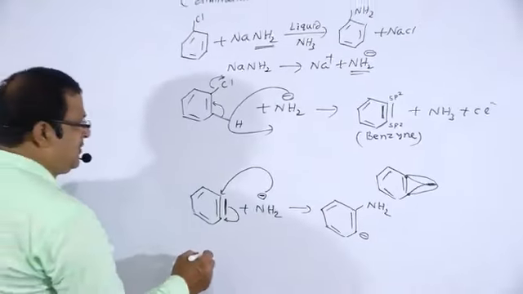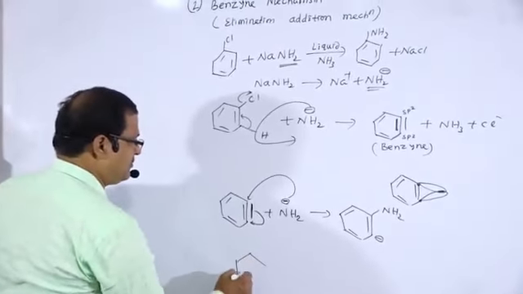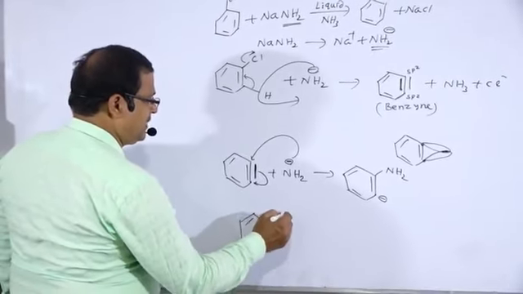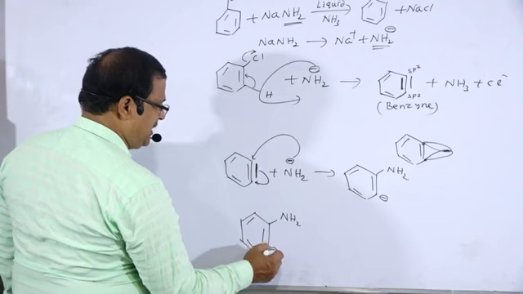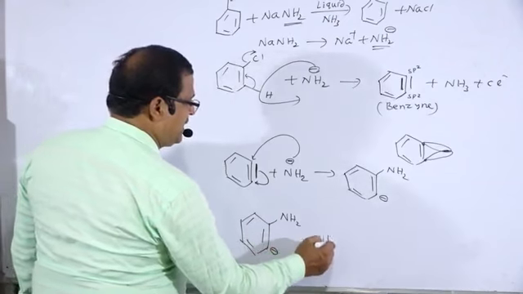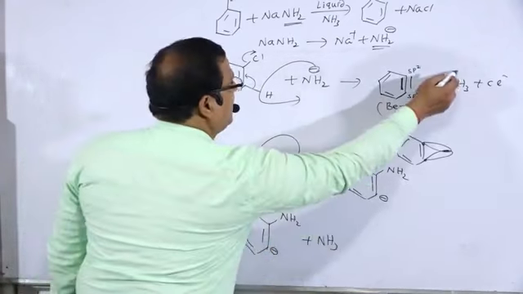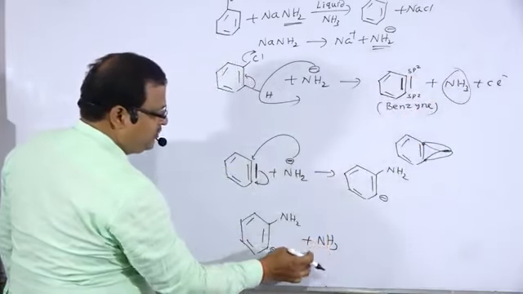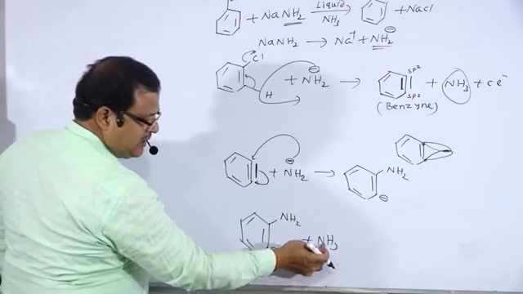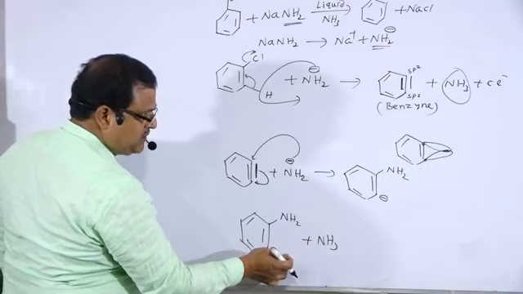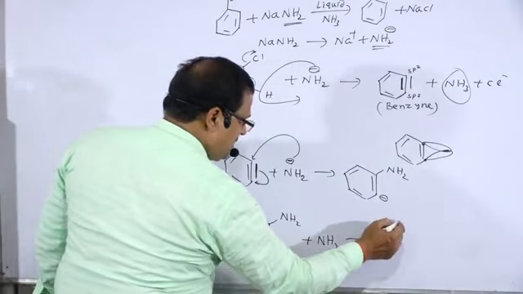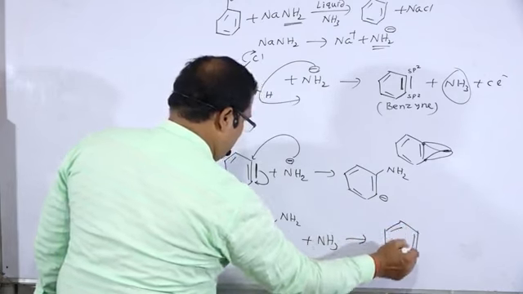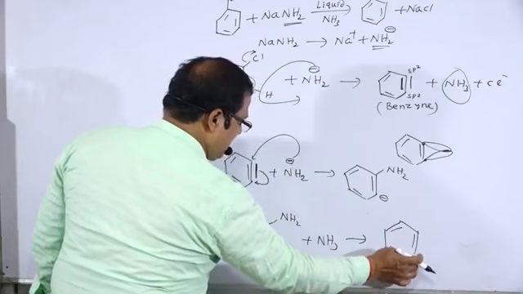So in the third step, NH2 minus plus NH3. We have obtained that NH3 in this case. That NH3 again has the ability to provide H plus. So there is the formation of a bond. H plus is accepted at this position.